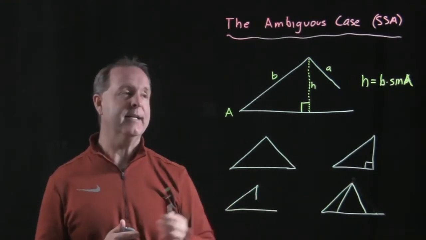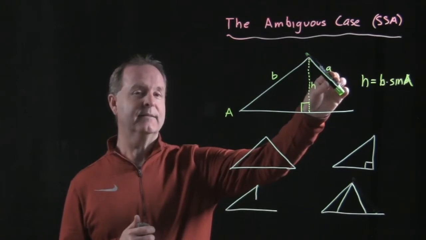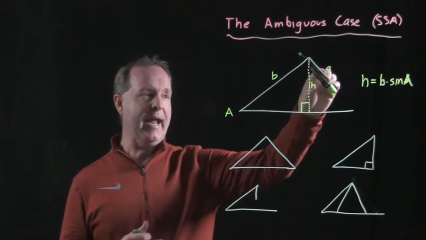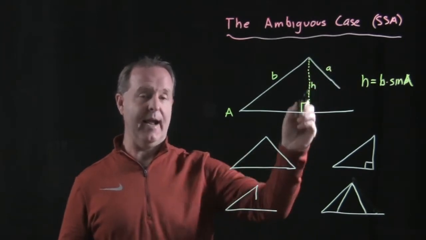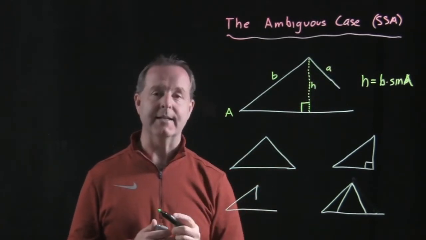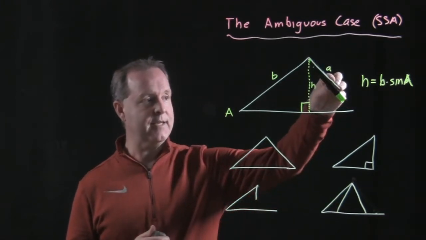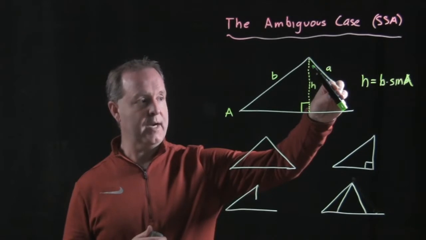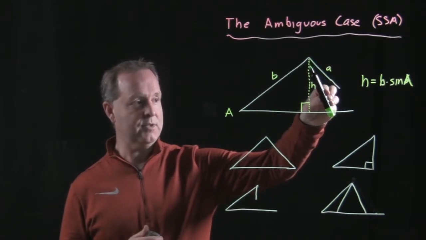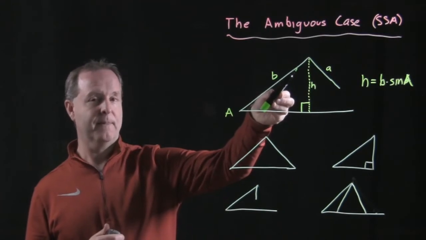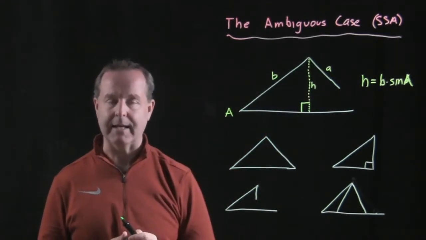Lastly, if a comes down as the angle gets smaller, but a itself is greater than the altitude, then there would be two triangles. This length, as it comes down, would form one triangle there, but it would also form another triangle right there, assuming that a is less than b.